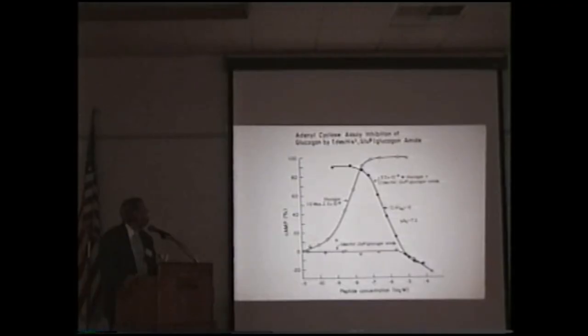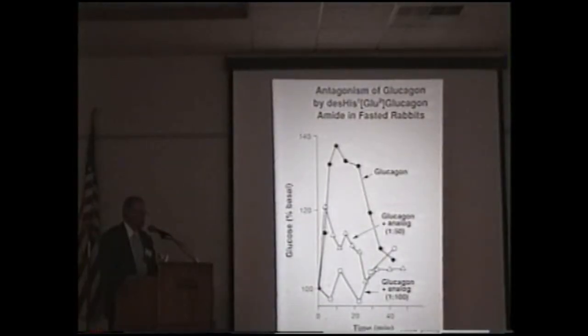This also, in the next slide, shows the blood sugar assay. If you use a lot of animals, rabbits, you can smooth out these curves, but we couldn't do that, so we only had a few animals. Anyhow, the top curve is the production of glucose by glucagon with time.